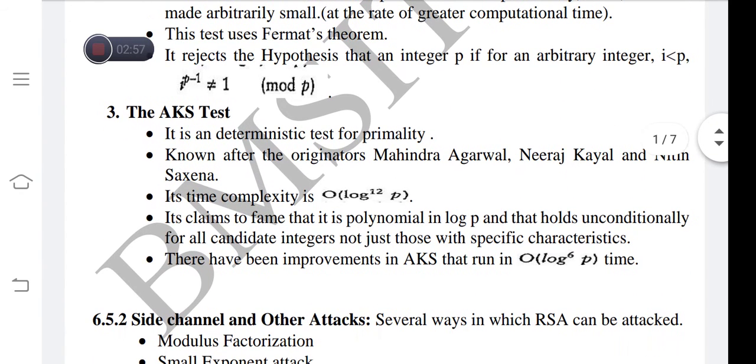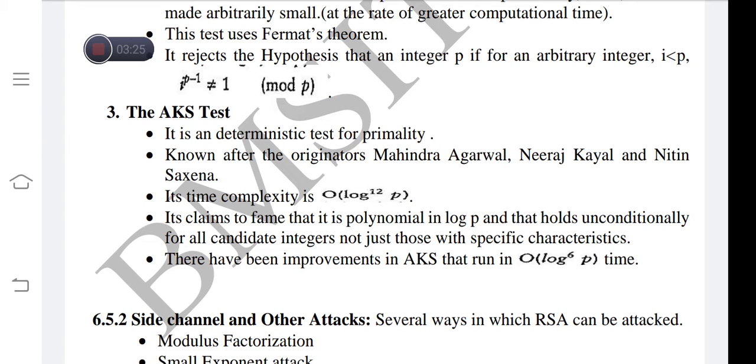The third is the AKS test, and it is a deterministic test for primality, well known after its originators Manindra Agrawal, Neeraj Kayal and Nitin Saxena. The time complexity is about big O of log to the power 12 p.